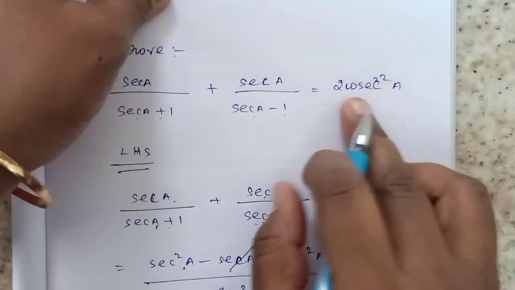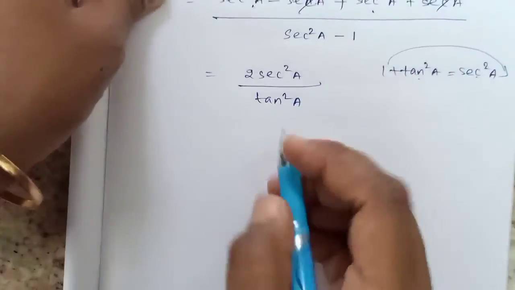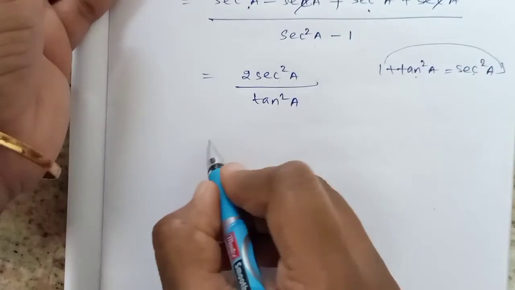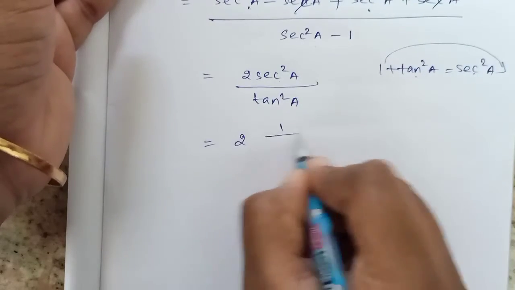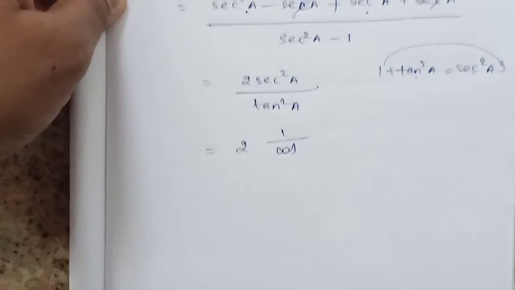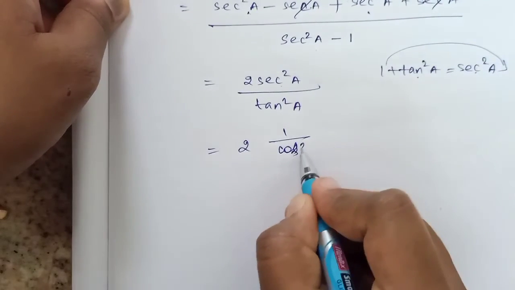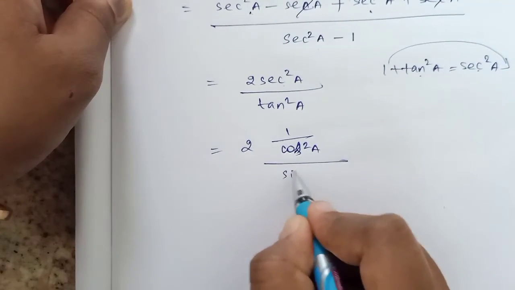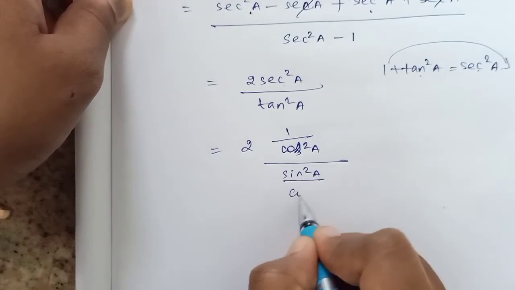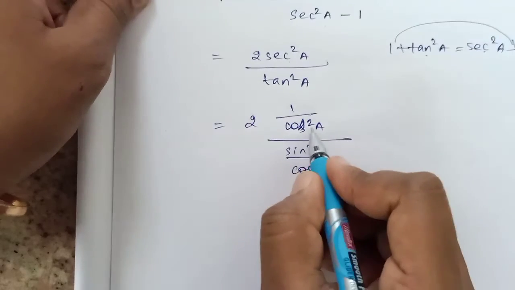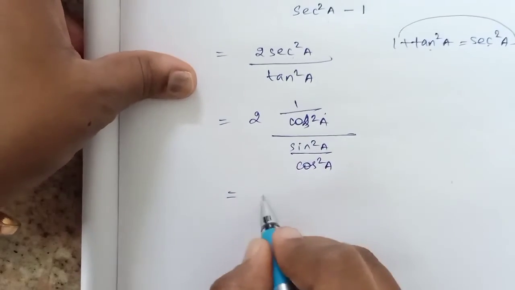But we need 2 cosecant square A only. So you change this secant as cos: 1 by cos square A. 1 by cos square A by tan square A we can write as sin square A by cos square A, so the cos square and cos square get cancelled.